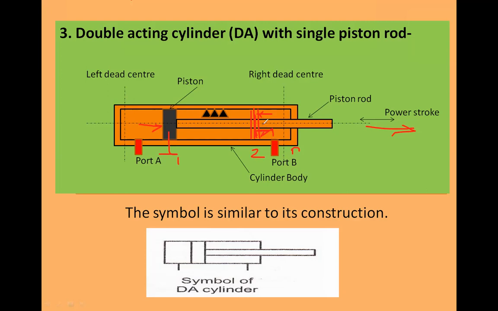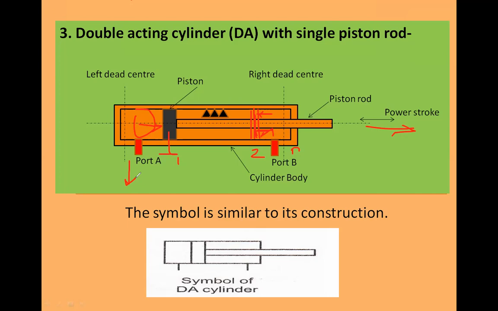Due to the force exerted by the fluid coming from port B, your piston will move from position number 2 to its original position 1. Simultaneously, the fluid that was initially in the cylinder will come outside through this port.